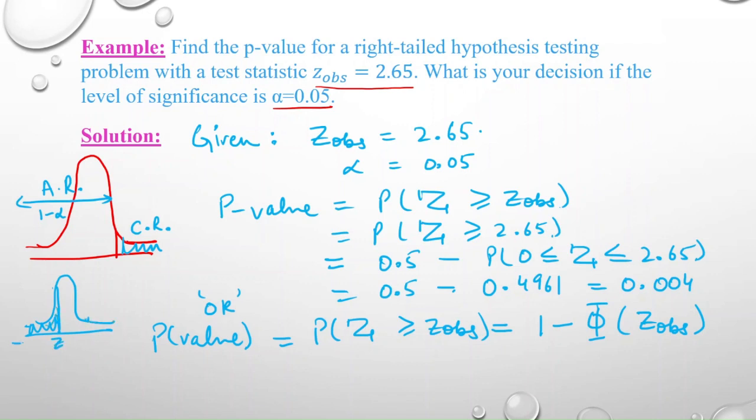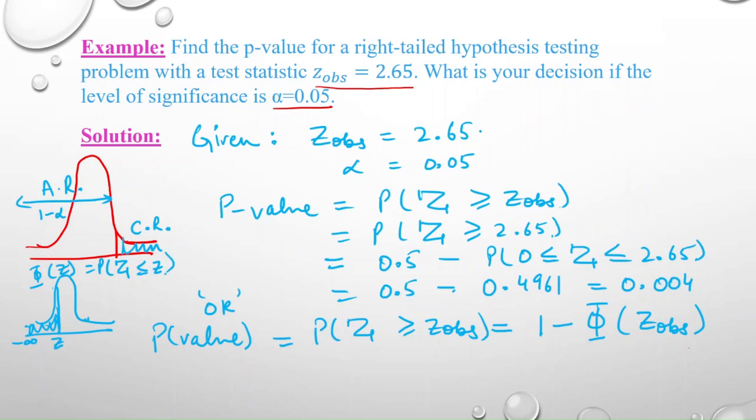This is the area from minus infinity to Z. So phi of Z is denoted by this, and it is the probability of Z always less than or equal to small z.